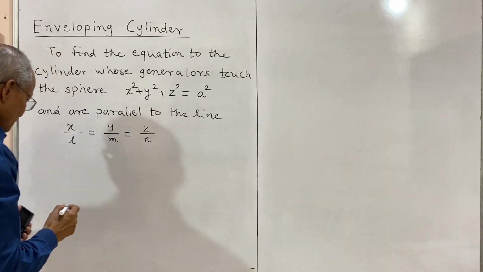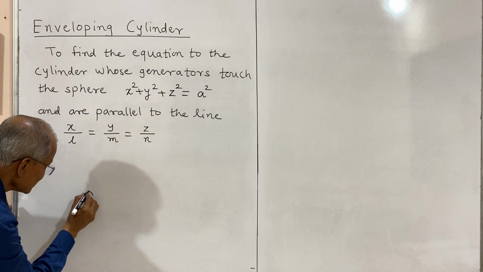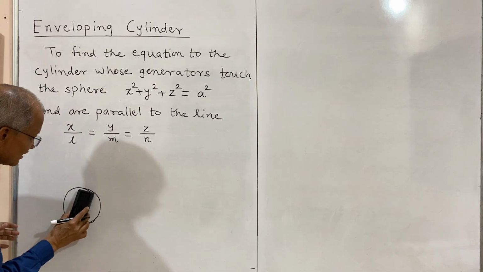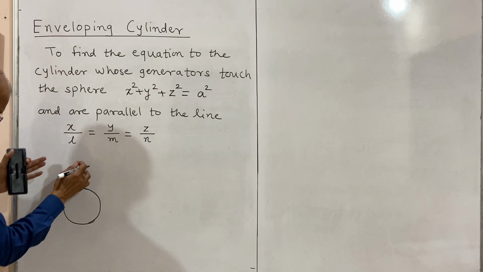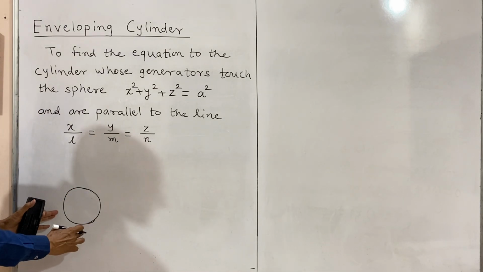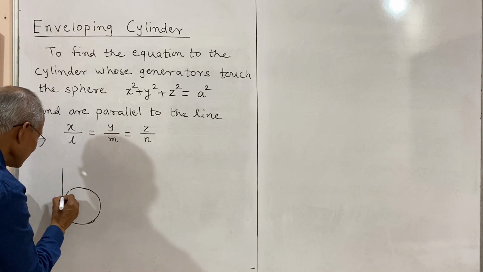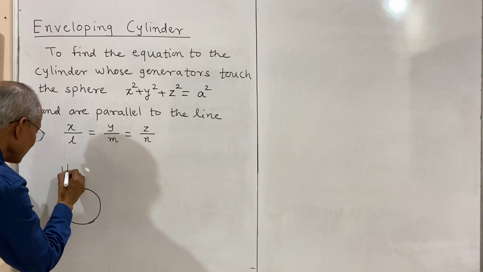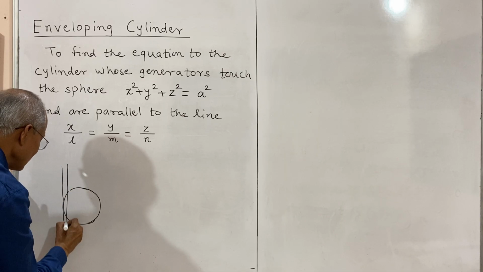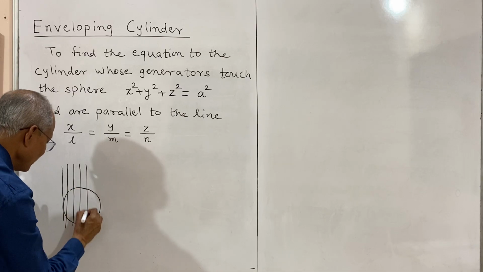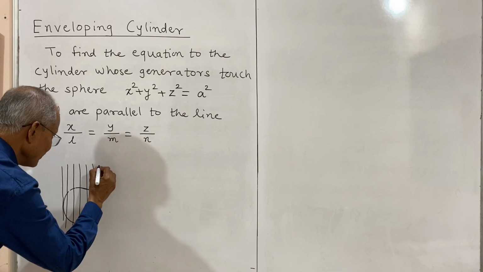The meaning is, suppose this is the sphere, we have to imagine it, and then the cylinder will touch it. The generators of the cylinder will touch this sphere, and that will be the enveloping cylinder of this sphere.